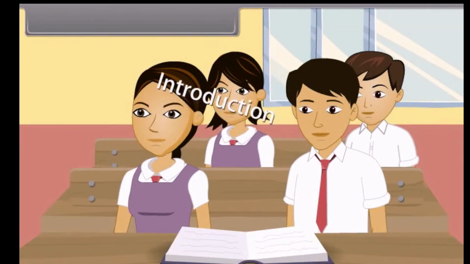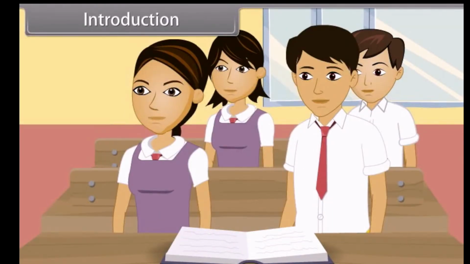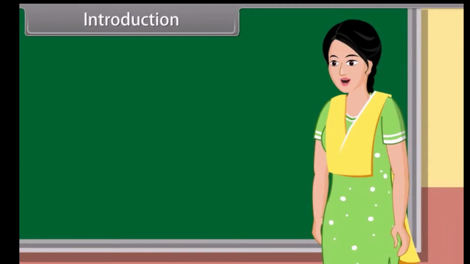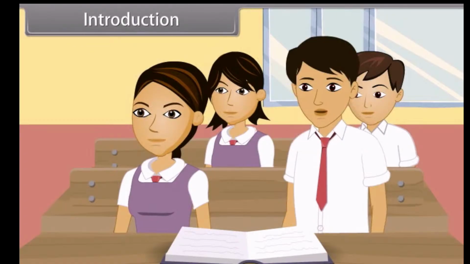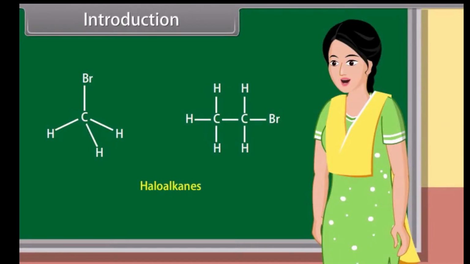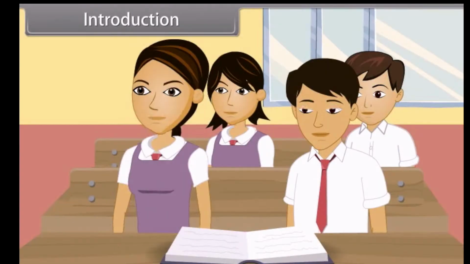Good morning, teacher. Good morning, students. Today we learn haloalkanes and haloarenes. Ma'am, what are haloalkanes? Haloalkanes are the chemical compounds in which one or more of the hydrogen atoms in an alkane have been replaced by halogen atoms. And what are halogens, ma'am?